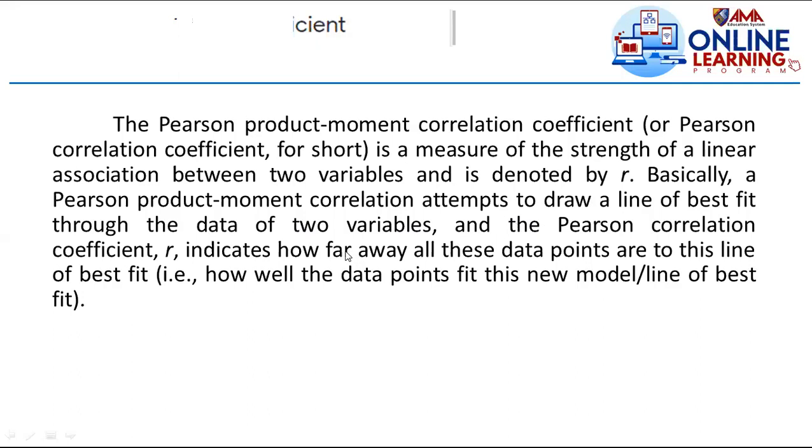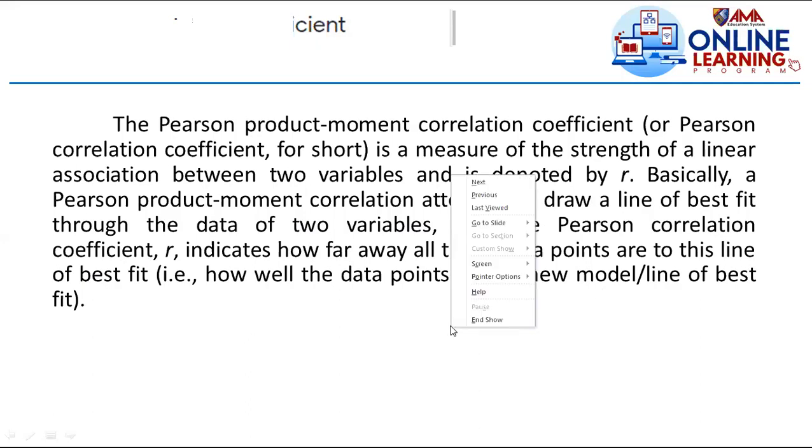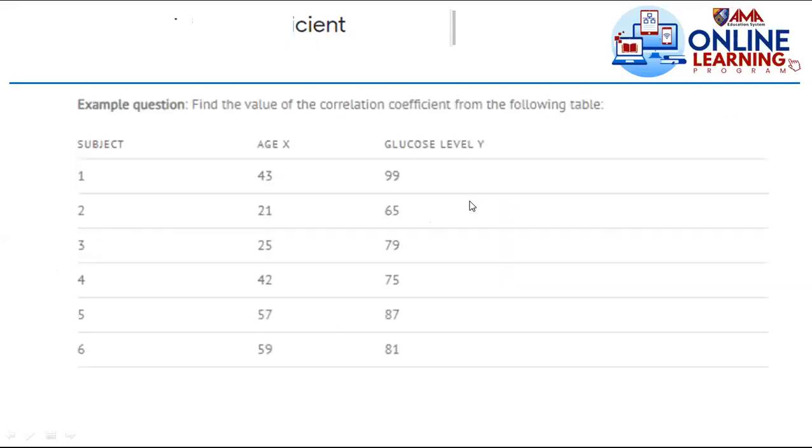And the Pearson correlation coefficient R indicates how far all these data points are to this line of best fit. How well will the data points fit this new model or line of best fit, no? So this is now our example.